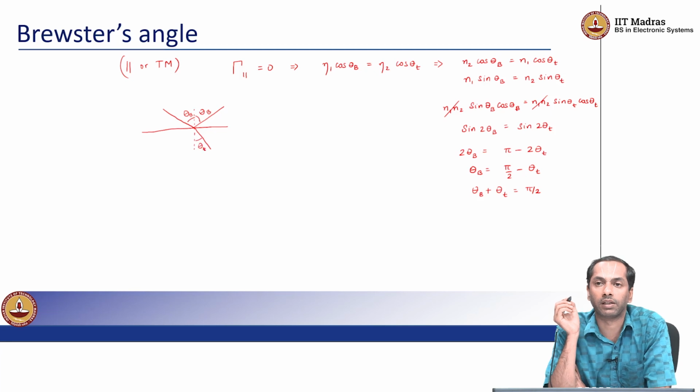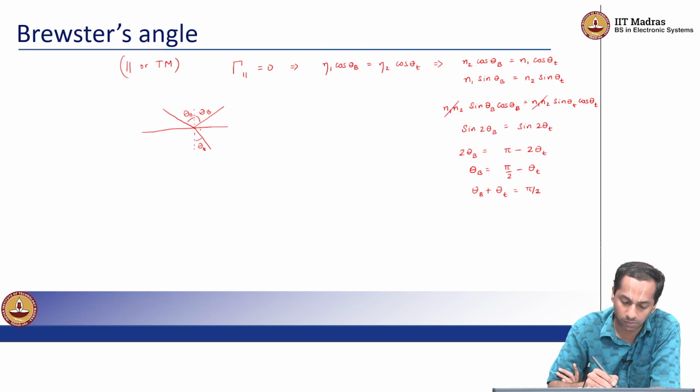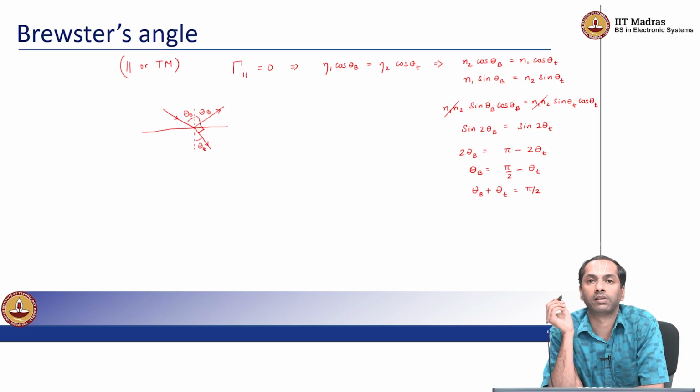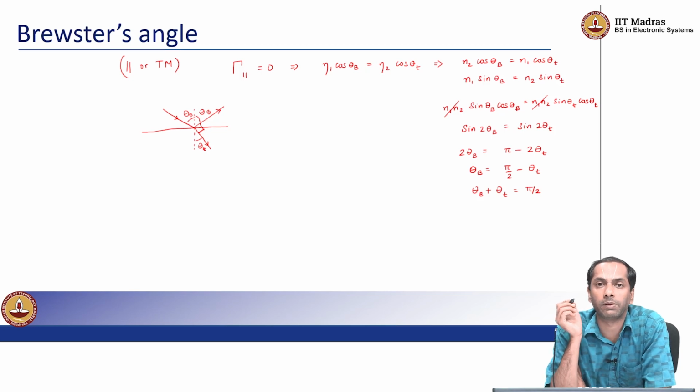If theta b plus theta t is pi by 2, this angle is 90 degrees. So the Brewster's angle occurs when the angle between the reflected beam and the transmitted beam is perpendicular to each other.